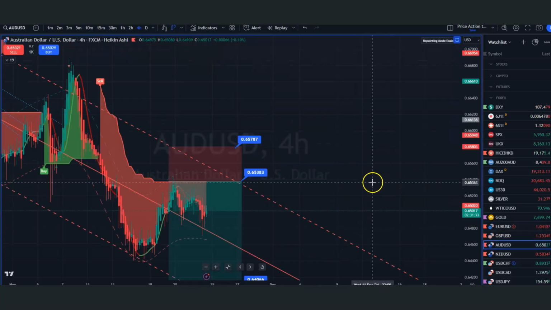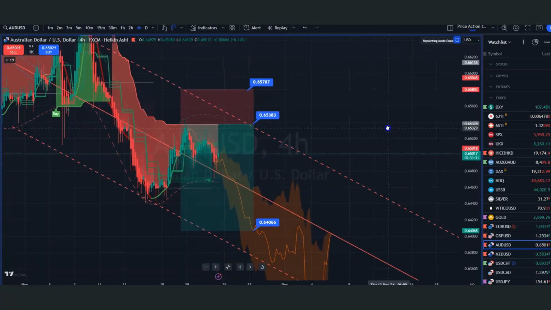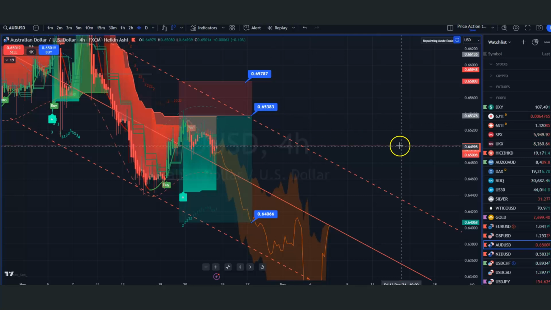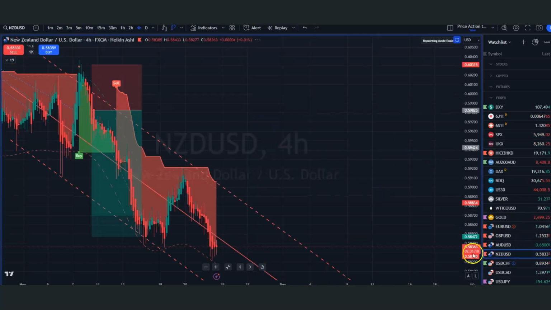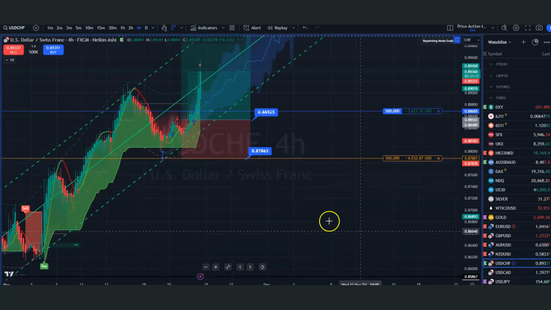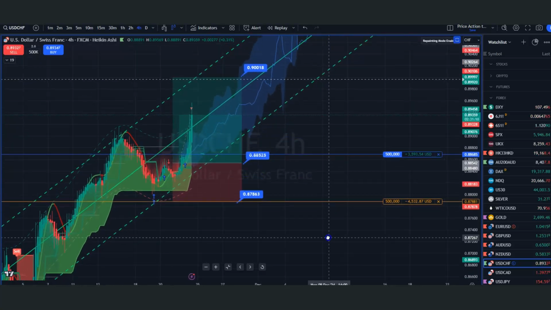Aussie USD, if you're in this, as I mentioned previously, then congratulations, you're making money, and it's heading for 64.06. Should we move our stop? No, just leave it where it is for now. It's a level 2. Kiwi's doing the same. Don't trade both. 57.58 is the target. US Swiss to the upside, heading for target.